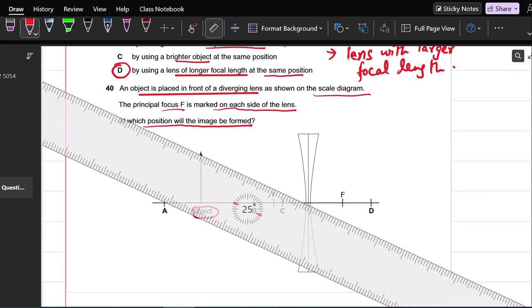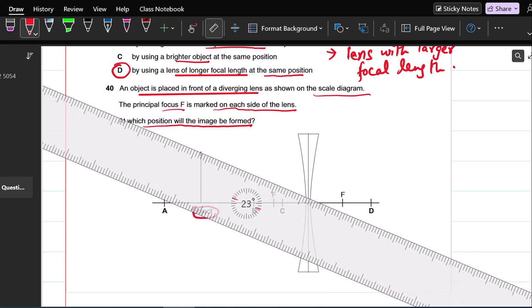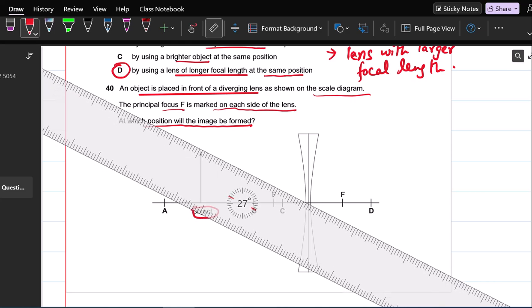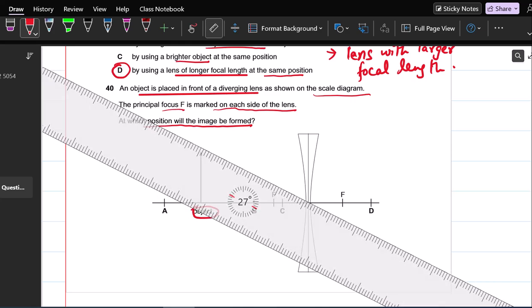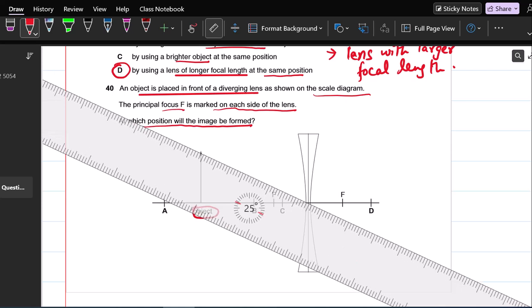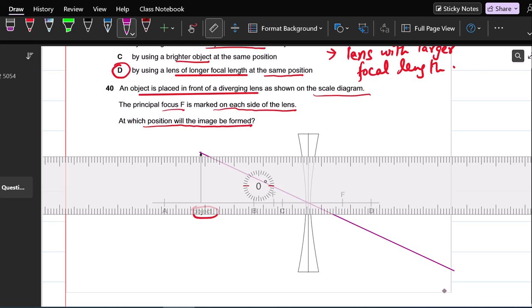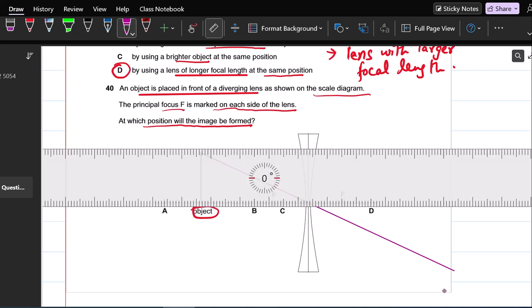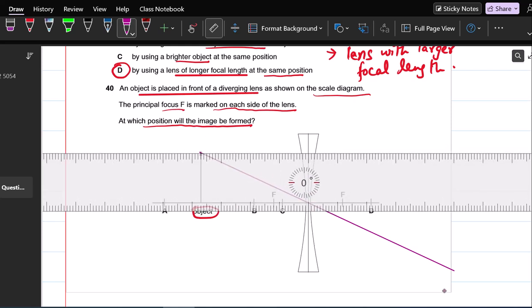One ray starts from the tip of the object. Use a sharp pencil, and one ray is going to go from the tip parallel to the principal axis till the center of the lens, till here.